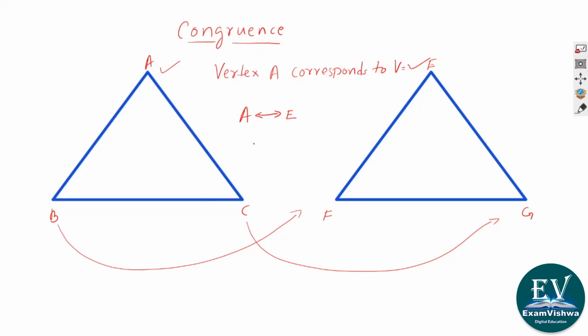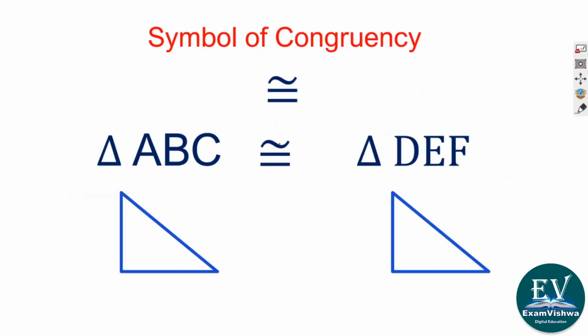And in this case, angle A is equal to angle E. This equal to sign, which we are seeing now, is modified into another sign by putting a curly segment here and called congruent or congruence. The symbol of congruence is like this.